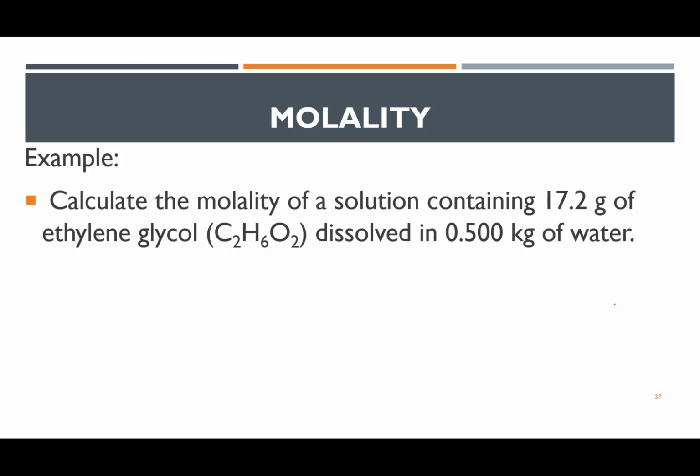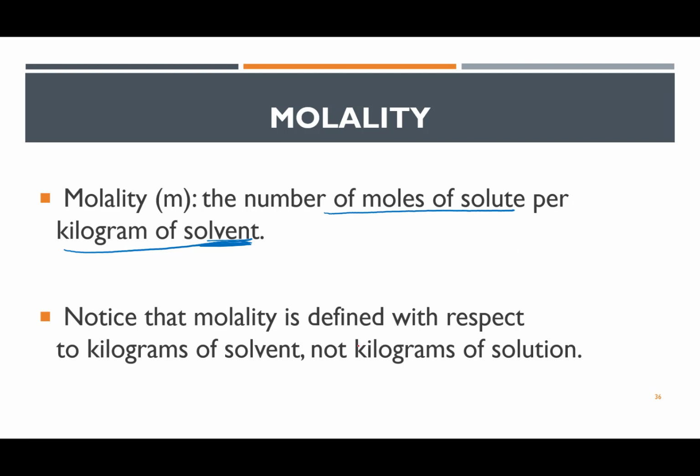In this example, we want to calculate the molality of a solution containing 17.2 grams of ethylene glycol dissolved in 0.500 kilograms of water. Based on the definition of molality, you want to find the number of moles of solute per kilogram of solvent.